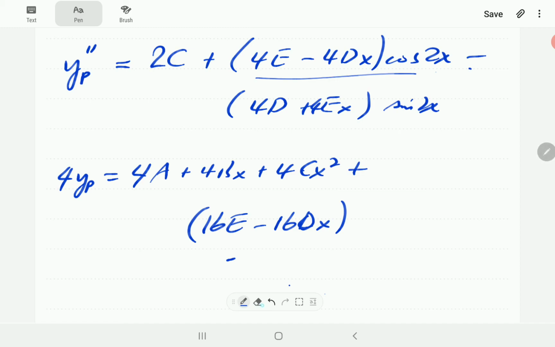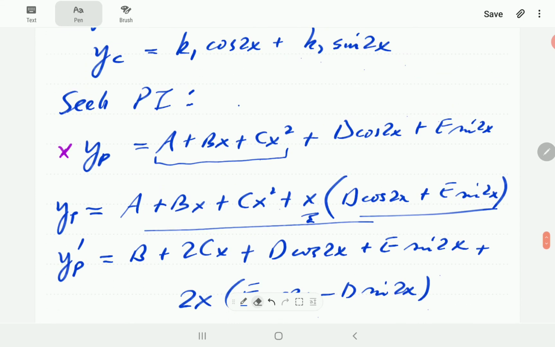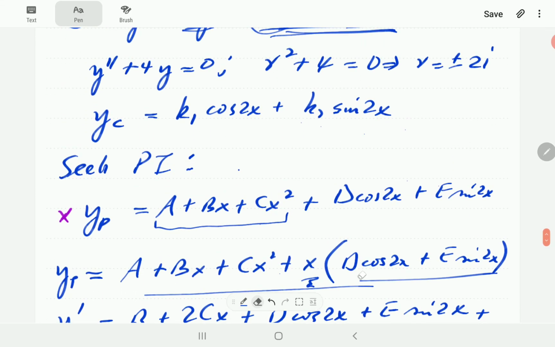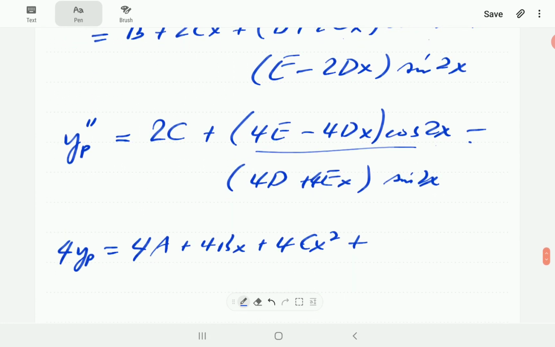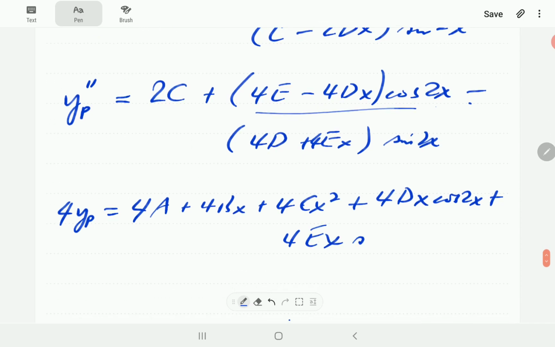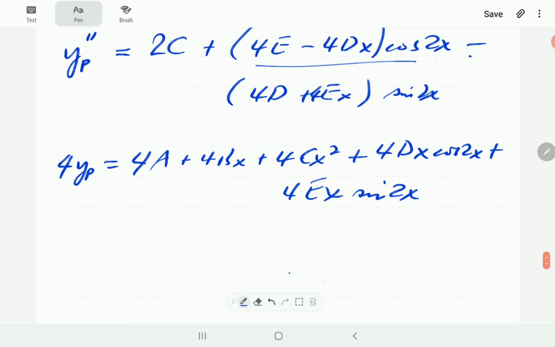No, I'm multiplying the wrong thing. It's this that I should be multiplying. So I need to multiply this by 4. So it's got to be 4dx cosine 2x plus 4ex sine 2x.